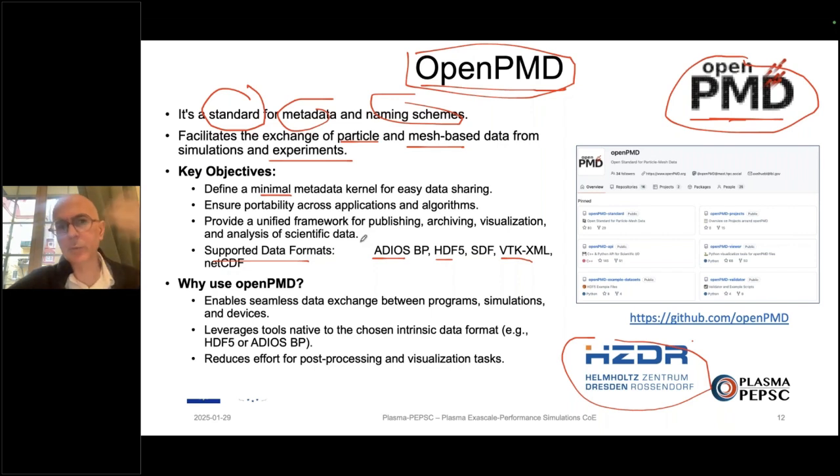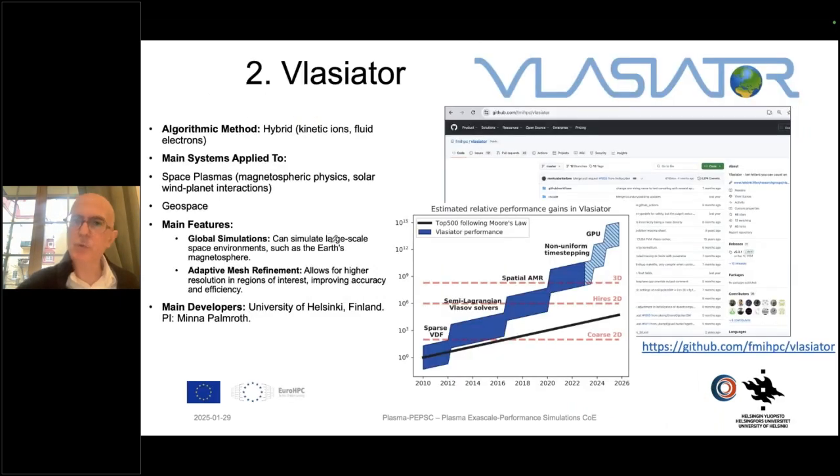It supports compressed formats or formats that you have used in your code, and it also provides the possibility of implementing parallel I/O in a very easy way. So that was the first code.